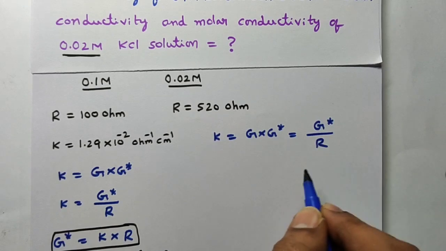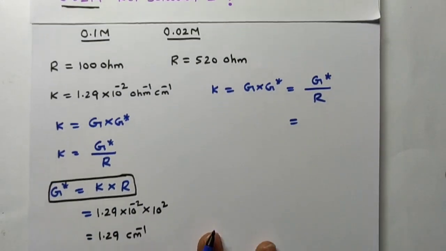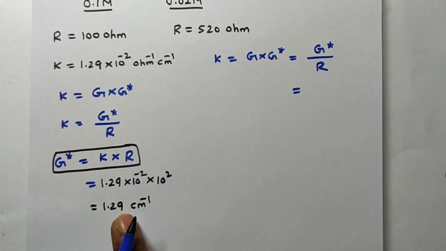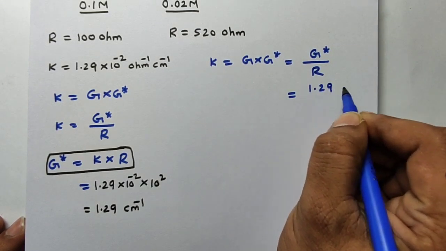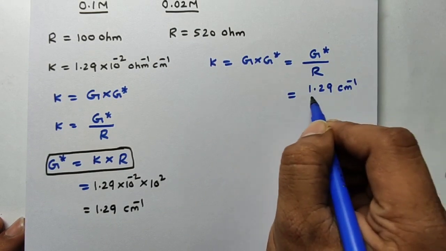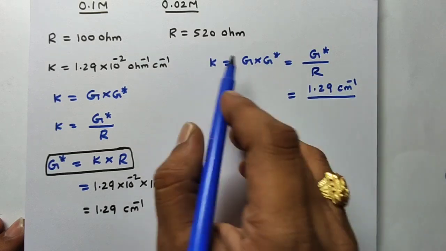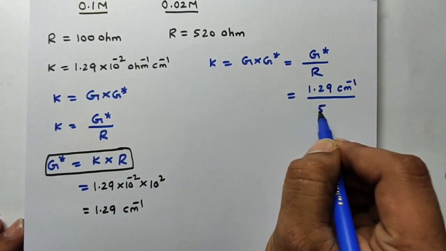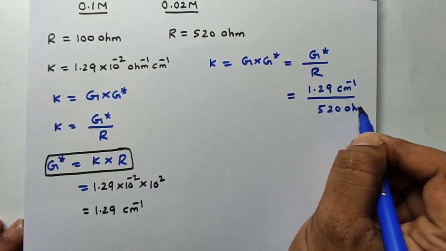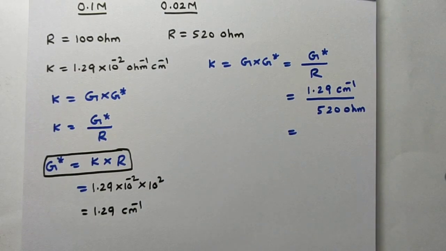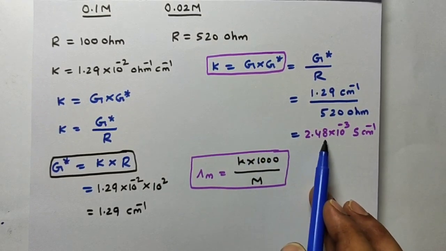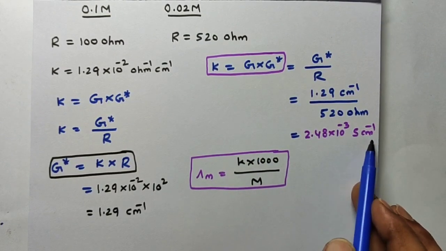G star we found just before, 1.29 centimeter inverse, divided by the resistance, 520 ohm. If you do this calculation, we get 2.48 into 10 power minus 3 Siemens centimeter inverse.